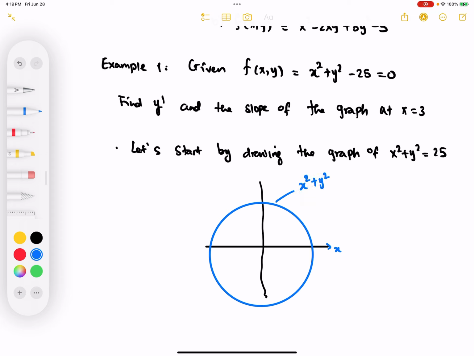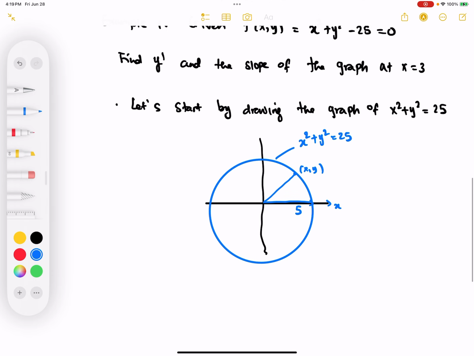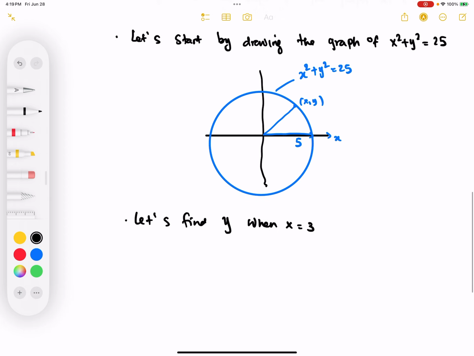In this problem, we need to find y and the slope of the graph at x is equal to 3. So let us find y when x is equal to 3. We substitute into the equation: 3 squared plus y squared is equal to 25.